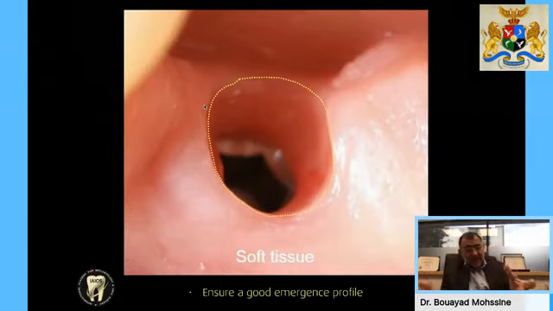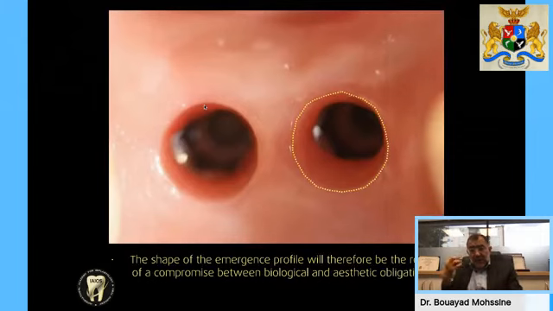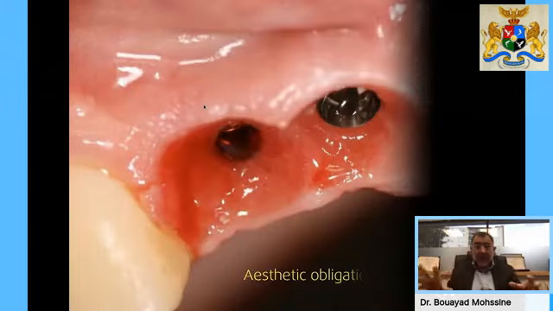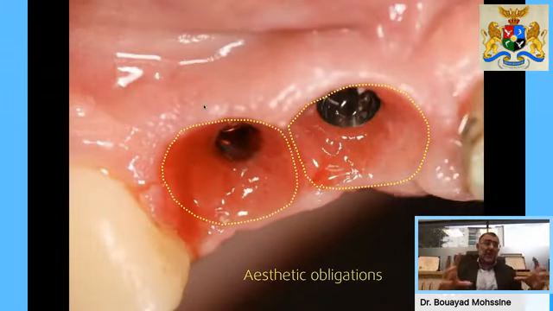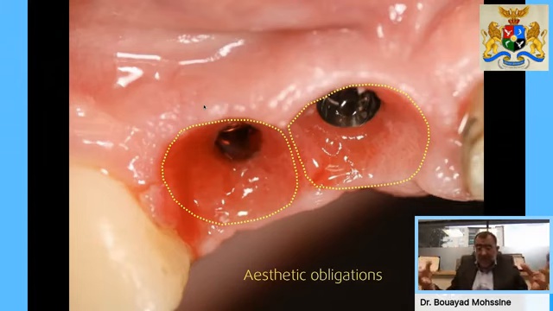That's why we can have this result after healing. You ensure a good emergence profile. The shape of the emergence profile will be the result of a compromise between biological and aesthetic obligations. Sometimes we have to change the dimension of the healing abutment for aesthetic obligations.